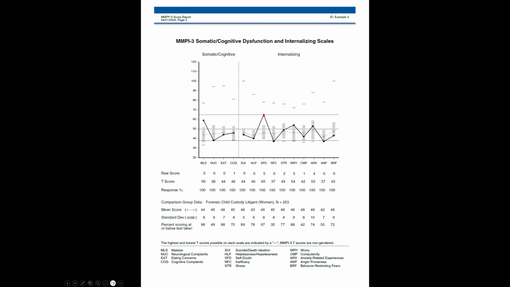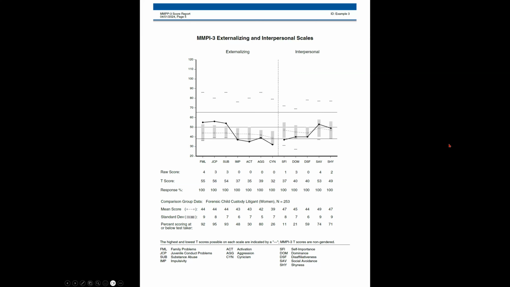On the self-doubt scale, low self-esteem, poor self-concept, she's clinically elevated. That's a rather uncommon finding for a child custody litigant. She's at the 97th percentile on the scale in this example. Very low score on the cynicism scale at a raw score of 0.